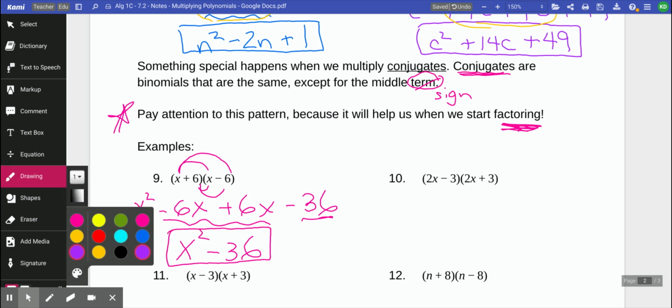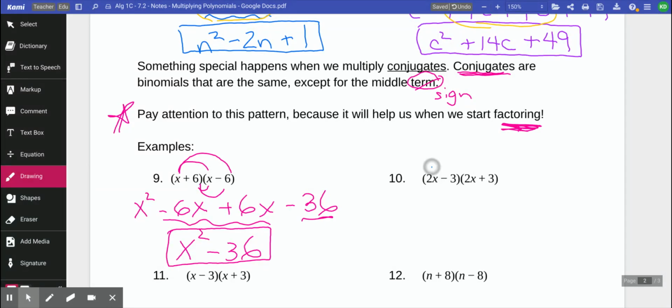All right, let's do another one. 2x times 2x is 4x squared. 2x times 3 is positive 6x. Negative 3 times 2x is negative 6x. And negative 3 times 3 is negative 9.